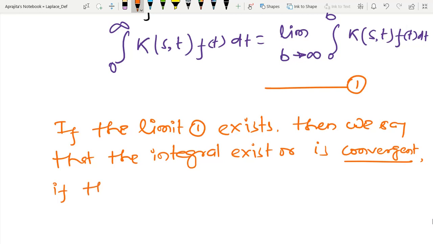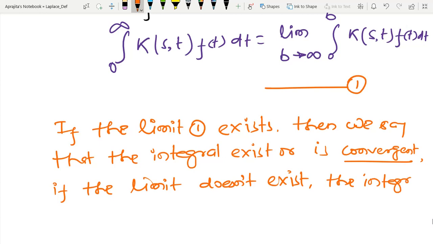If the limit does not exist, the integral does not exist, and it is called divergent.